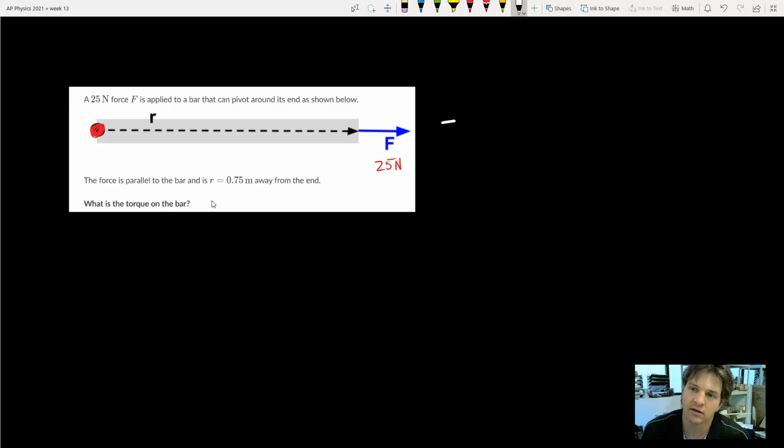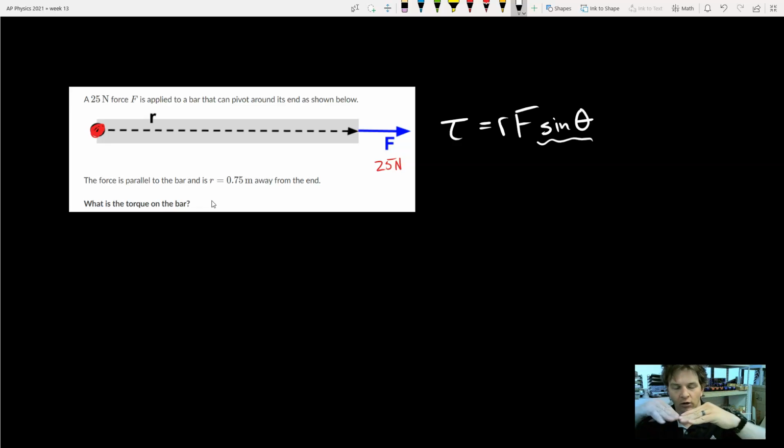And so that comes into play in our equation with this sine of theta piece, because the angle between my lever arm and the force, if they are parallel, that angle between those things is 0. There's my lever, there's my force. There's no angle between them. They're the exact same thing. So the sine of 0 degrees is equal to 0.